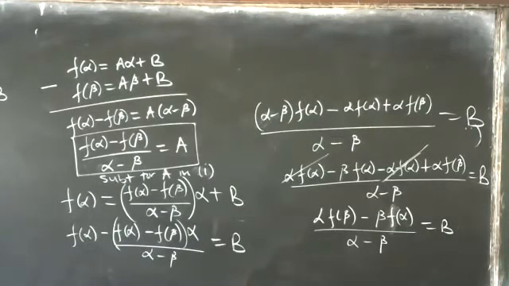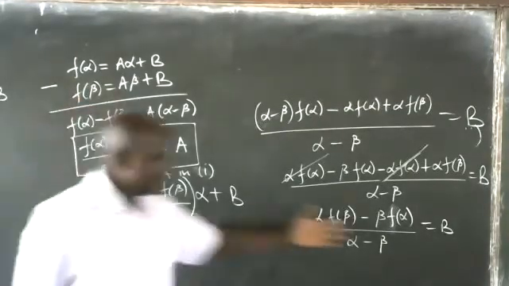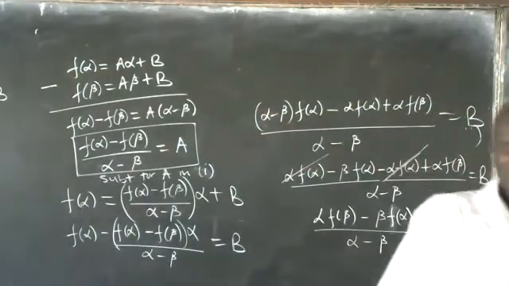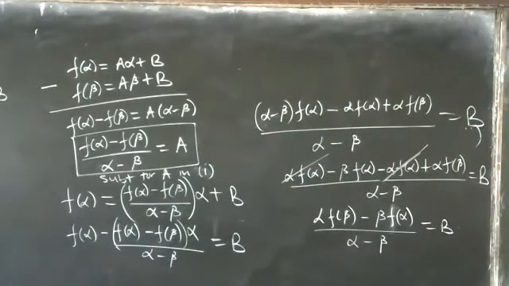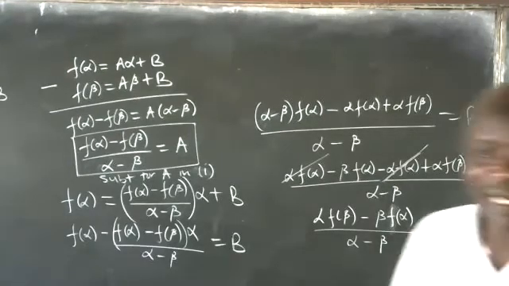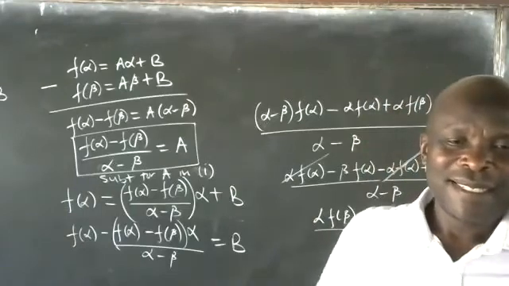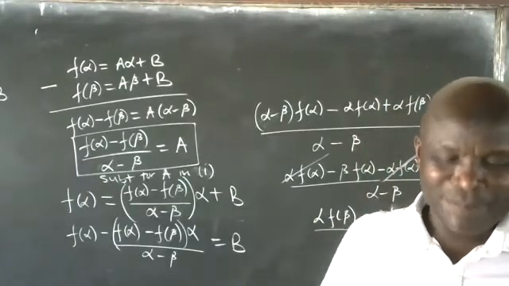The approach is the same. So are we okay, my dear girls and boys, moving from here to here, finding B using the substitution method? Can you look through properly and see whether it's okay? If not okay, ask and I explain, please. Feel free and ask. It's a bit tricky as you can see, but it can be done.